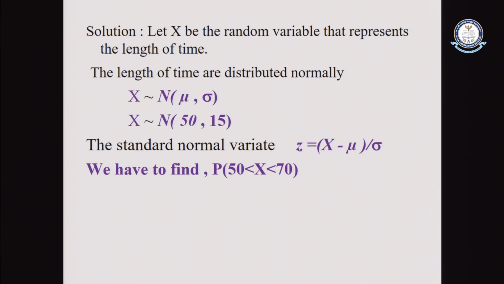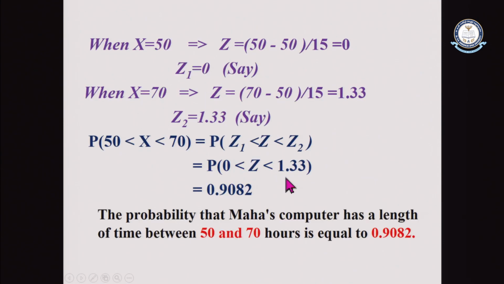Now which value do we need to find here? We have to find the probability that x lies between 50 and 70. So the probability of 50 less than x less than 70 is equal to, when these values are converted into Z values, when x is equal to 50, the lower limit, and the upper limit is 70.